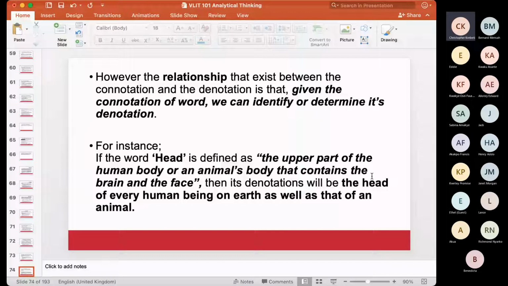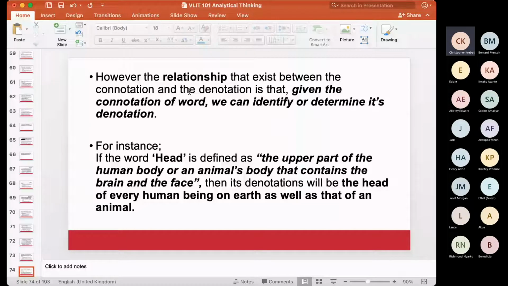Now we can move ahead and look at the denotation. That is why we say that the relationship between connotation and denotation is that, given the connotation of a word, by the definition of a word, we can identify or determine its denotation.